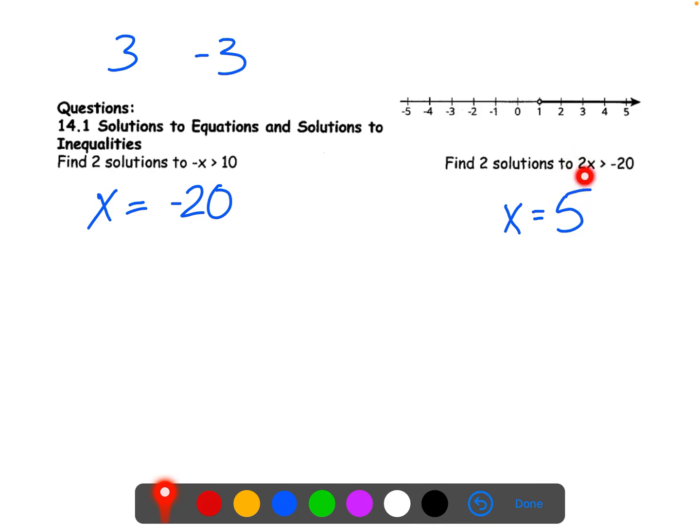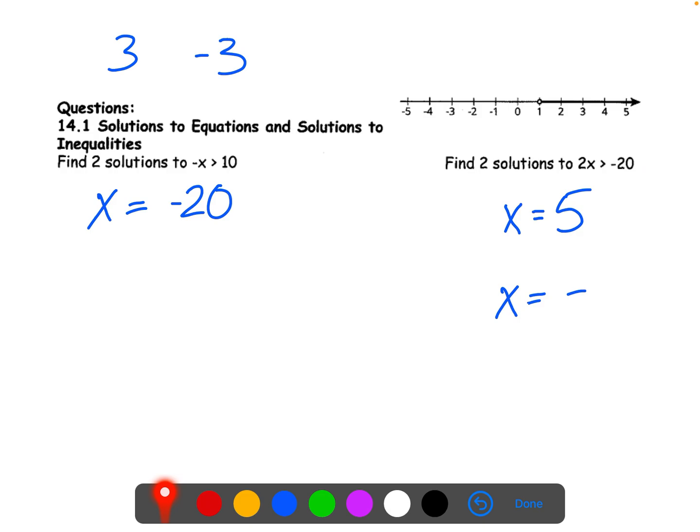Keep this as a positive number, so that'd be 10. And 10 is certainly greater than -20. All right, now there's got to be some negative options that could possibly work too. Think about that, and why don't you find a negative value for x that would make this inequality true.